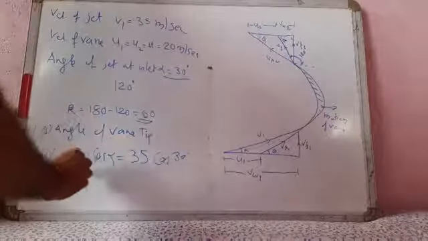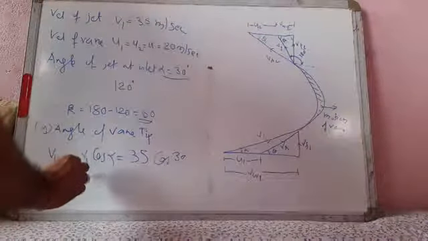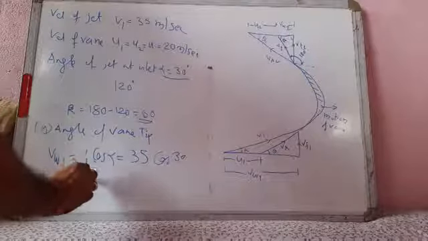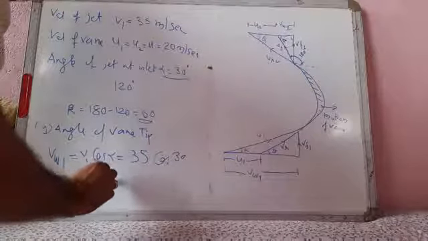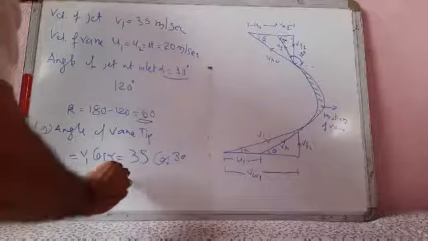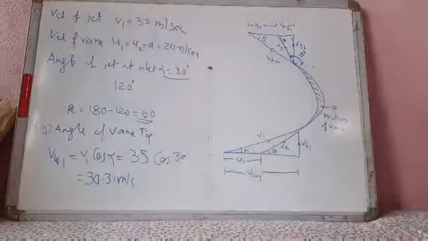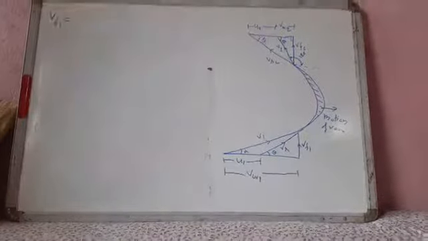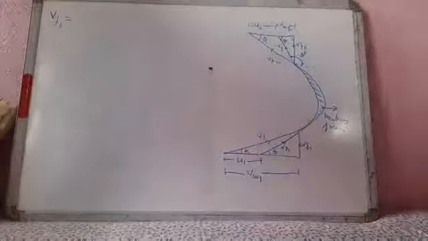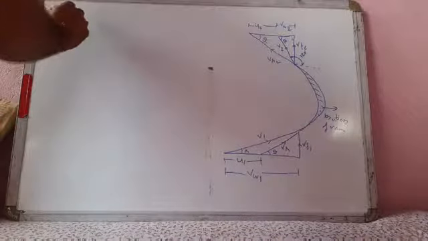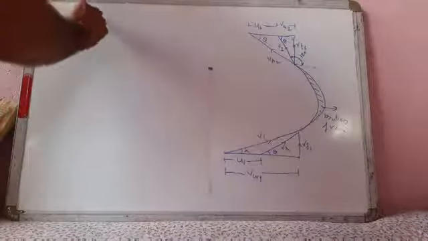Now this value of VW1 is 30.31 meter per second. Now VF1 is equal to V1 sin alpha.